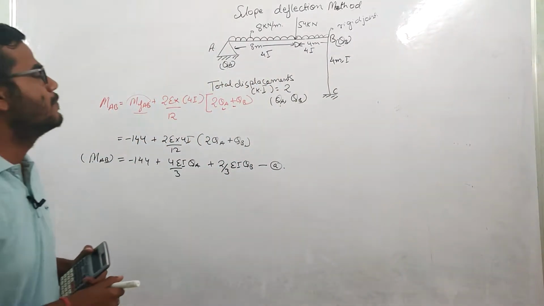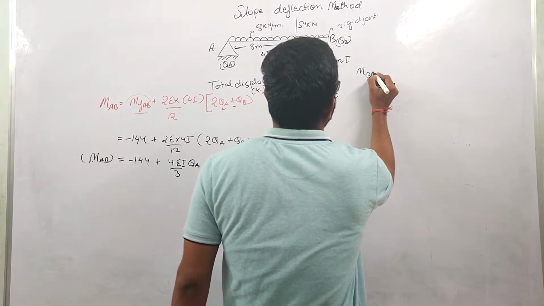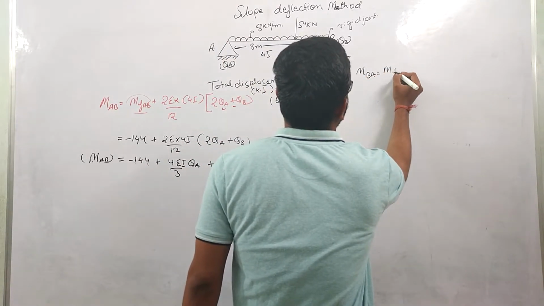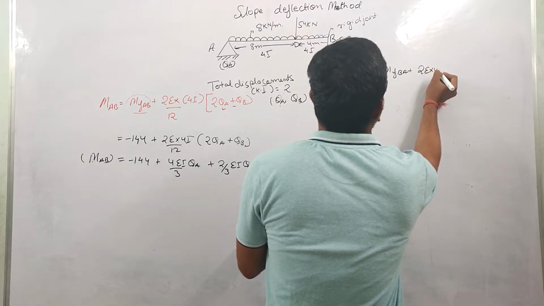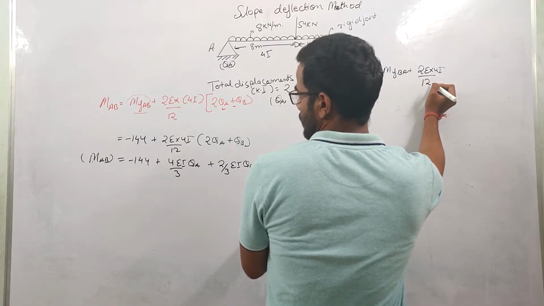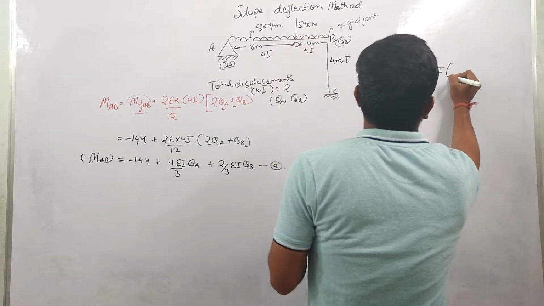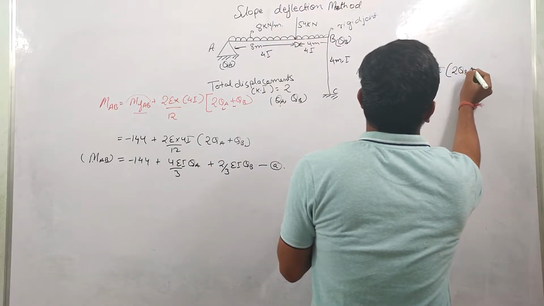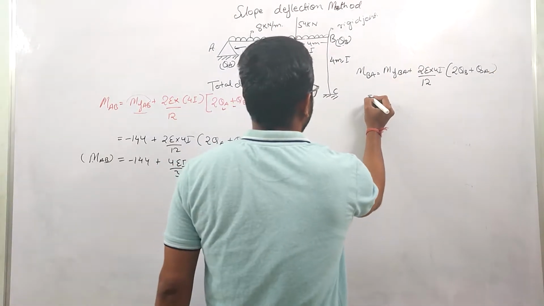Now let us come to this B point. I can write MBA equals MFBA plus 2EI into 4I over 12, into twice theta B plus theta A. So what is the value of MFBA?